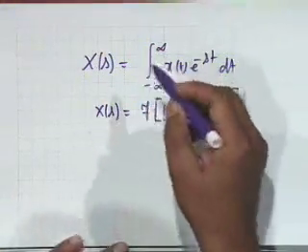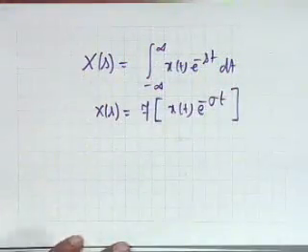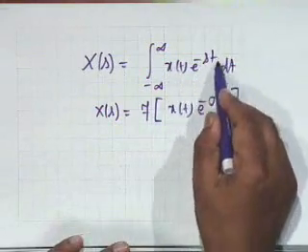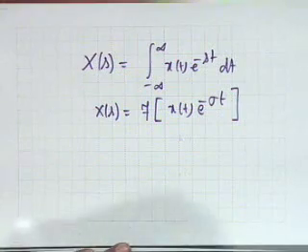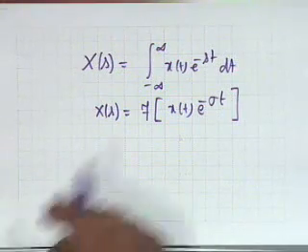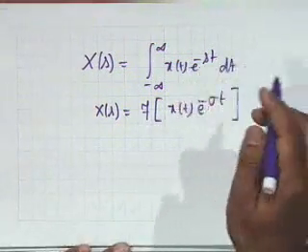Well, what does the existence of X of s mean? It means that x of t e to the minus st is absolutely integrable. This is the condition for the existence of the Laplace transform.